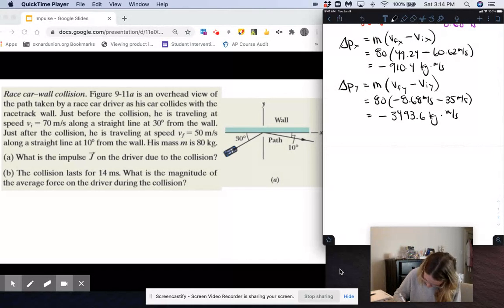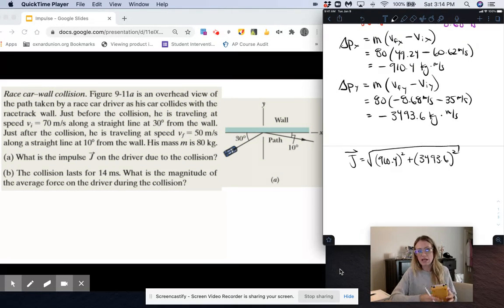So our magnitude of the impulse will be the square root of 910.4 squared plus 3,493.6 squared. I don't put the negative because a negative times a negative is a positive. And this ends up being 3,610.27.